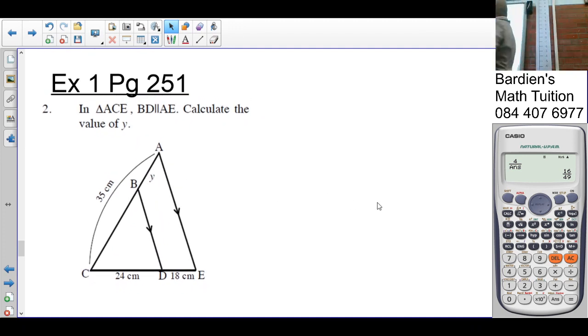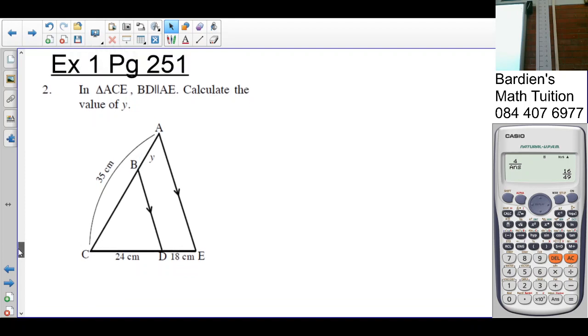Right, number 2. We are told that in triangle ACE, BD is parallel to AE. So if that's the case, what do we know? We know that AB over BC is equal to DE over DC.